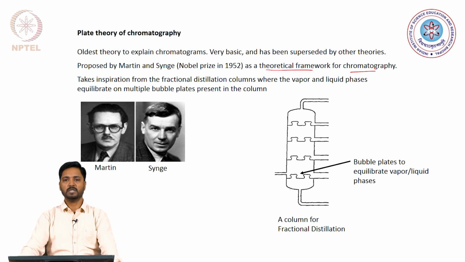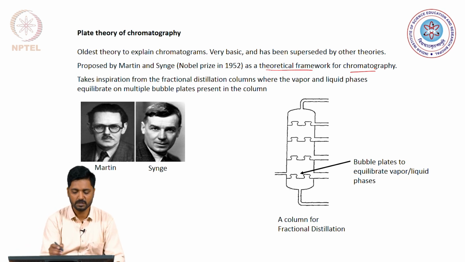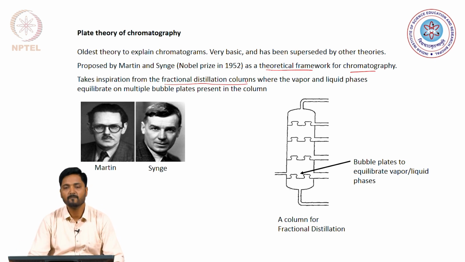Now, this theory got a significant input or inspiration from the fractional distillation columns that were prevalent at that time. And fractional distillation columns, if you might be aware, are used in separating the petroleum fractions.